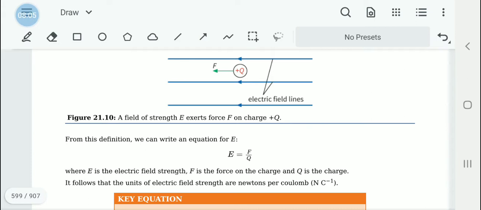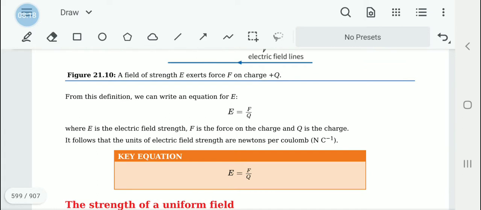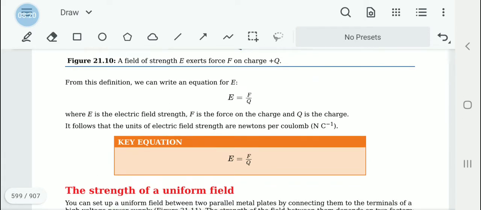F is the force on the charge and Q is obviously the charge. So the units of the electric field strength are newtons per coulomb, because charge is underneath, force is above. E equals F over Q is an equation that you need to remember.